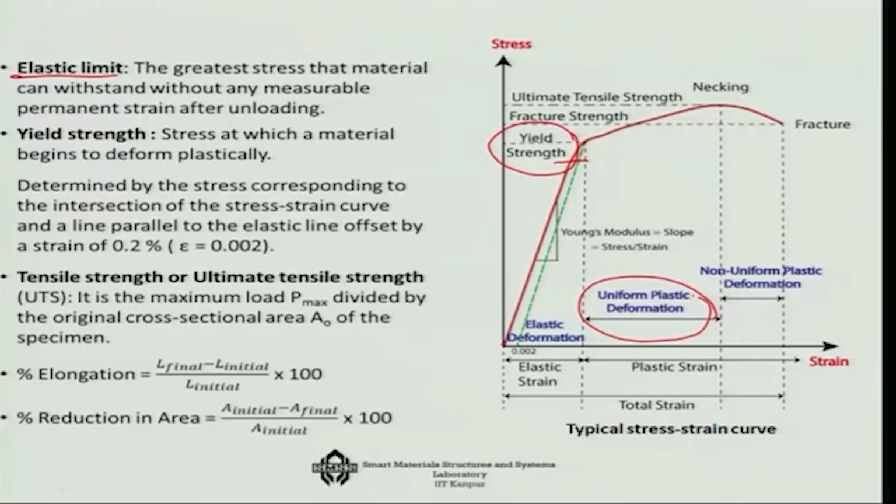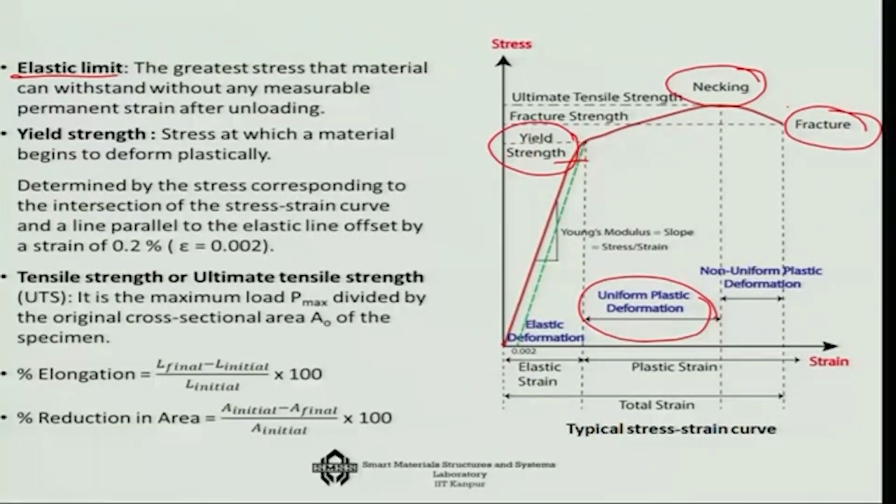As I am increasing the load, I am going beyond the yield strength level, and I am watching uniform plastic deformation. Now, if I increase the load further, something like a necking phenomenon would start to happen, and then the material will go to fracture.